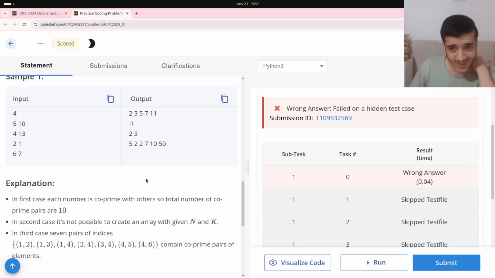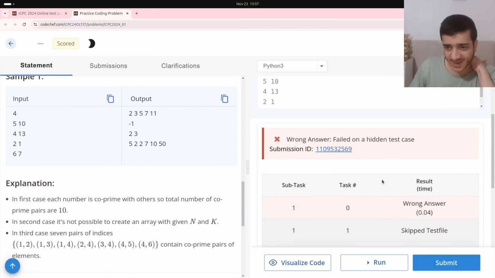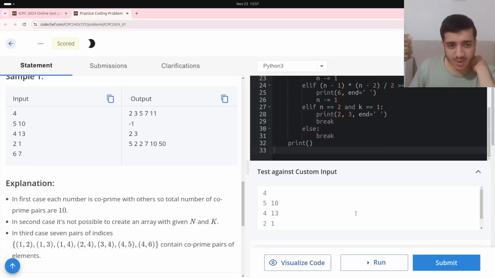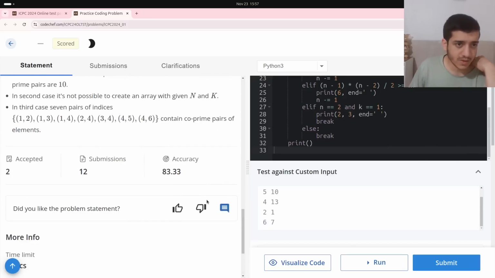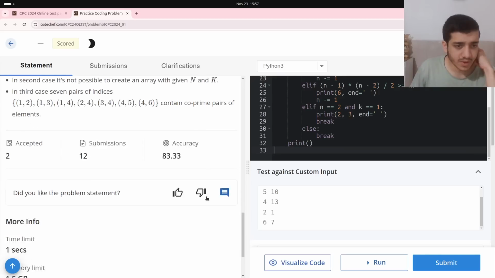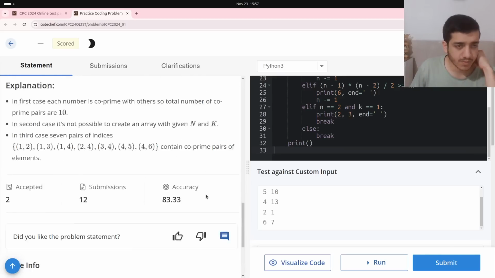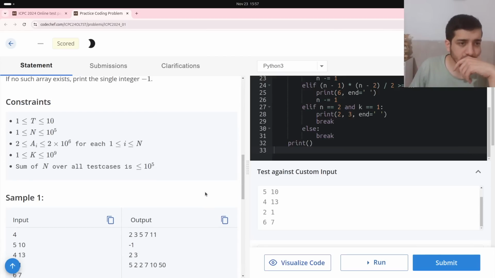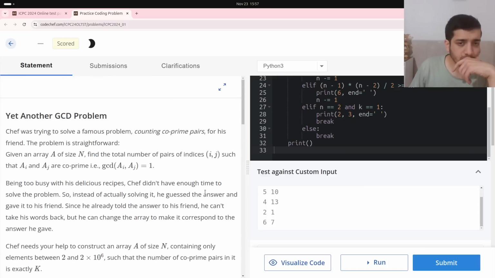The judge for this problem is also problematic. I will ask them to maybe fix it, and I will come back again.